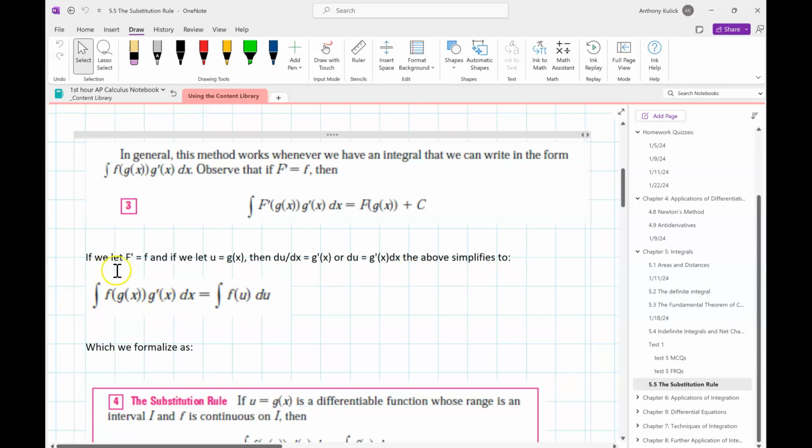So if u is equal to g of x, and du is equal to the derivative of g times dx, then that just simplifies down to the integral of f of u du. That now looks like something I'll be able to find an antiderivative rule to use.